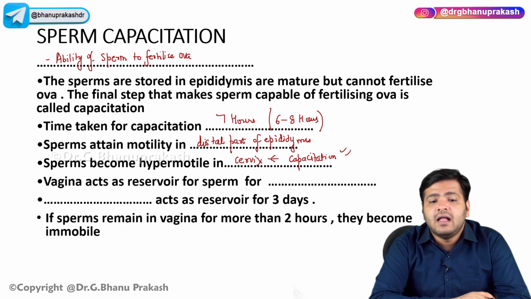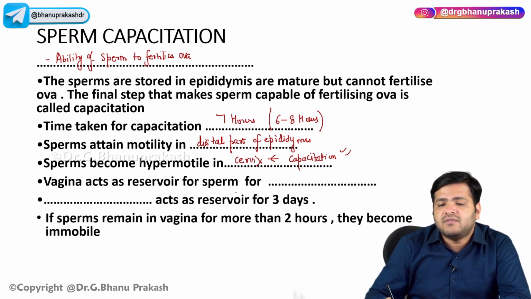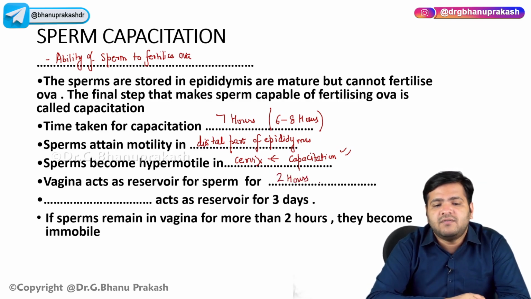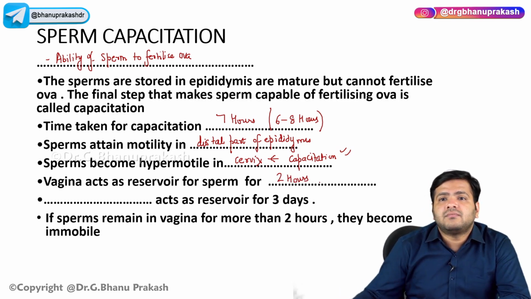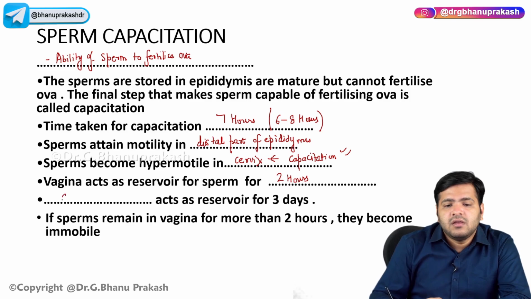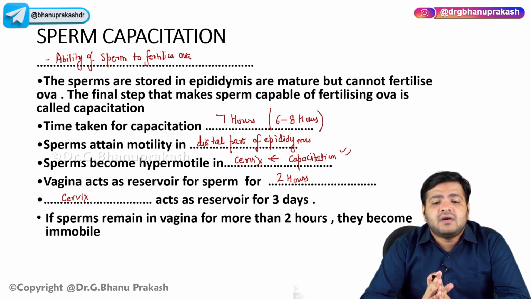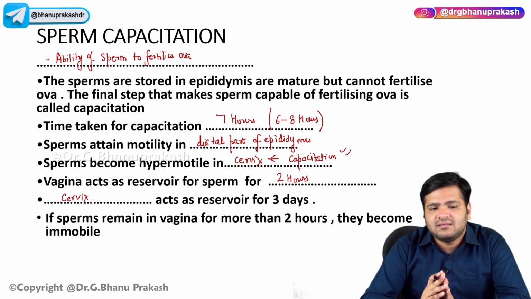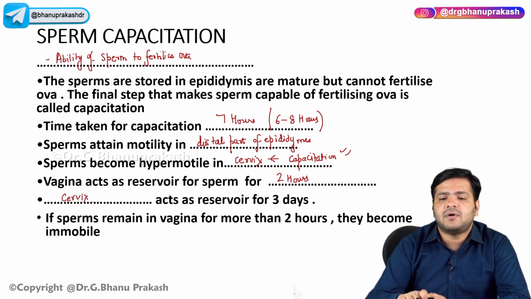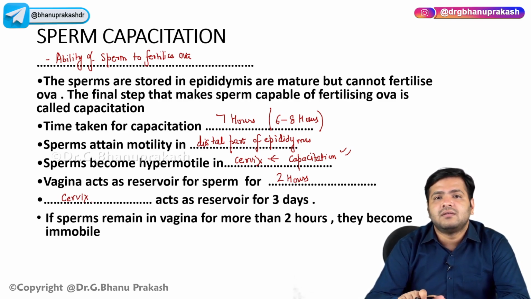Apart from that, remember the vagina acts as a reservoir for sperm for about 2 hours, and the cervix can also act as a reservoir for 3 days, right? If sperms remain in the vagina for more than 2 hours, they become immotile. So that is about sperm capacitation. Thank you.